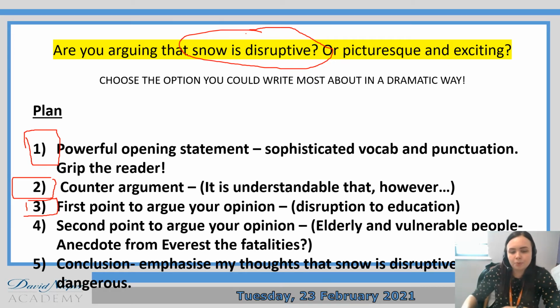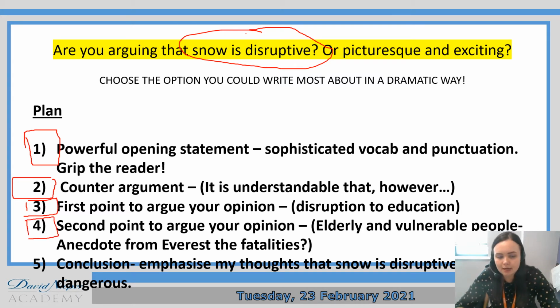And then my second point is that I'm going to think about how it might impact the most vulnerable in society. Okay, I'm also going to use the previous text that we've studied for these questions. So I'm going to talk about the Mount Everest scenario and obviously how snow killed a lot of people up there. So I'm going to include some information from the text itself.